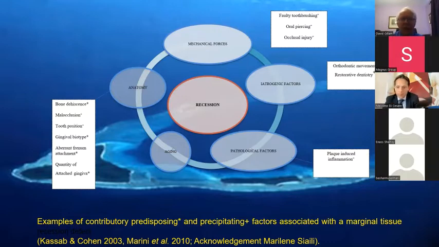And you may see on the slide a little asterisk and a star and a cross, and that's to distinguish between predisposing and precipitating factors in the condition. And again, with the pathological factors, that is plaque induced inflammatory change. Next slide, please. Thank you.